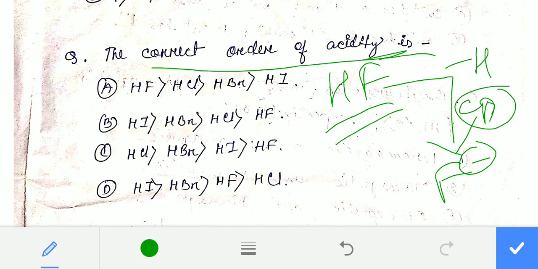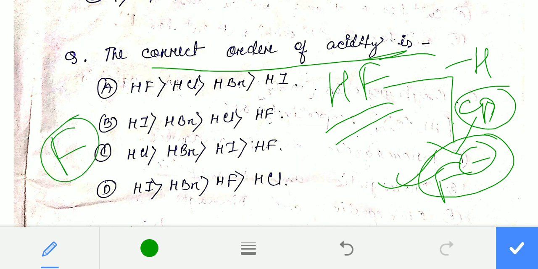Now see, F minus is a very unstable species, in the sense that the fluorine atom is very small, so if someone adds one more electron, it creates additional repulsion, which destabilizes the fluorine atom. So F minus is a less stable species.